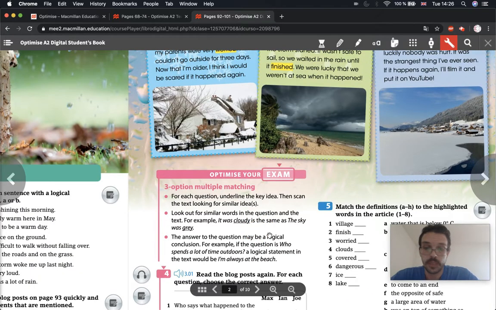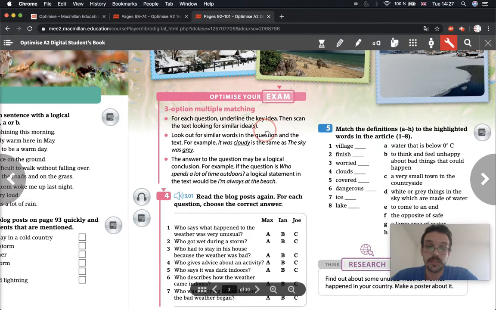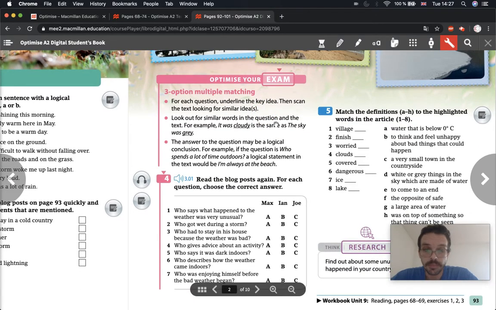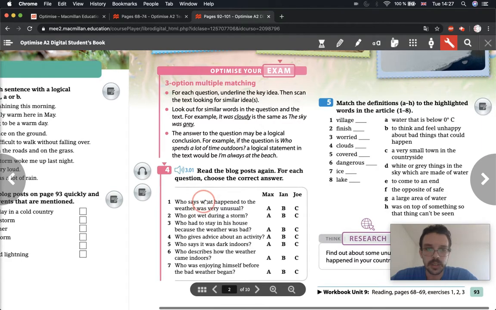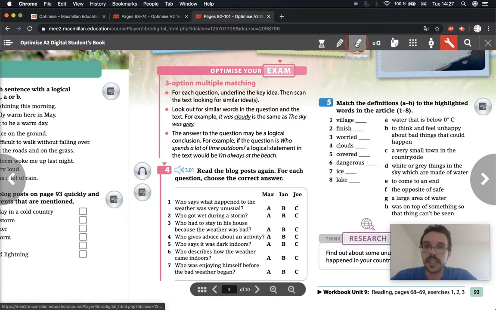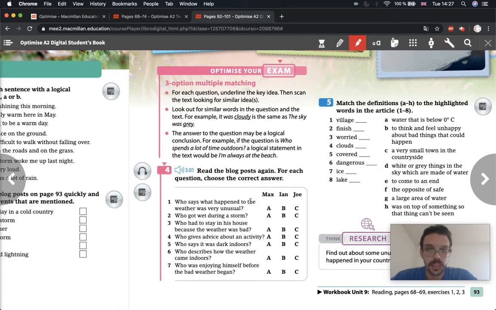So let's have a look at the exercise. Now we'll do this one all together, and then in the workbook, I'll leave you to do it on your own. So let's have a look at the questions. What we can do is highlight the key things as well. So first question, it says, who says what happened to the weather was very unusual?